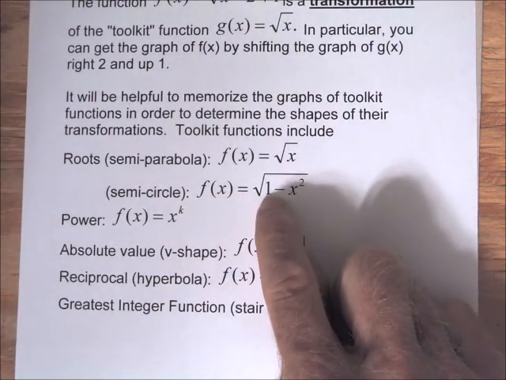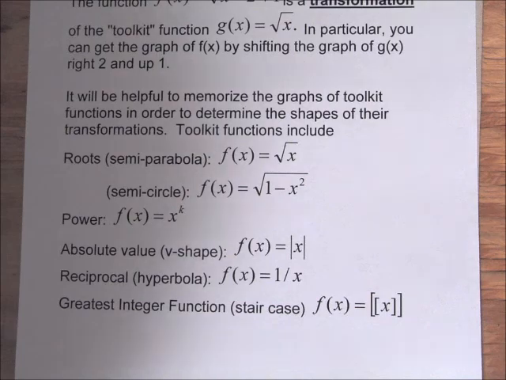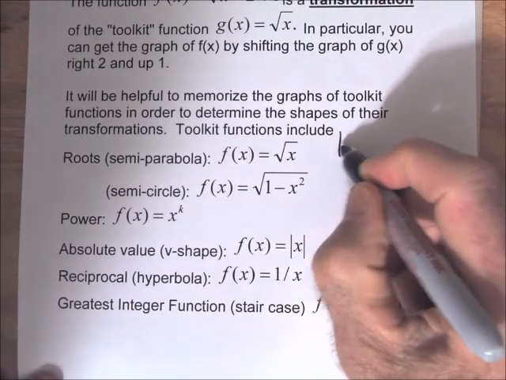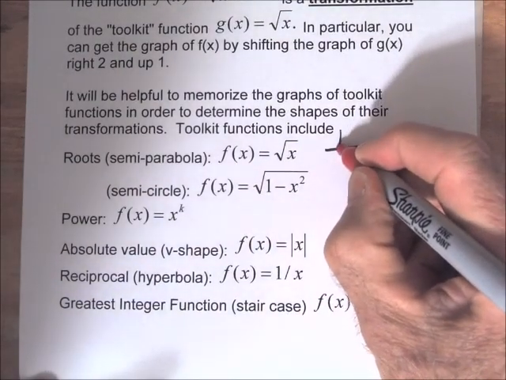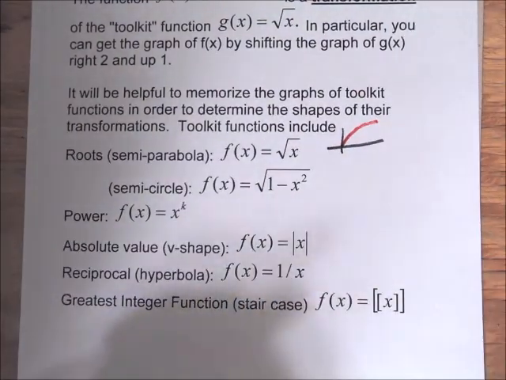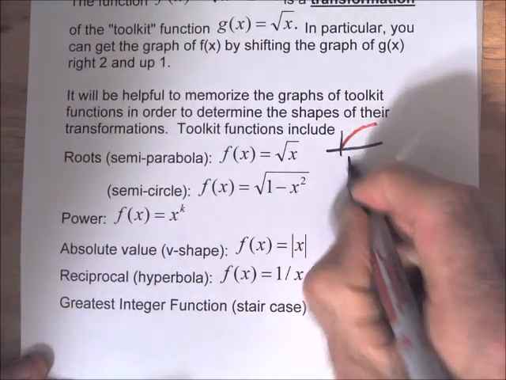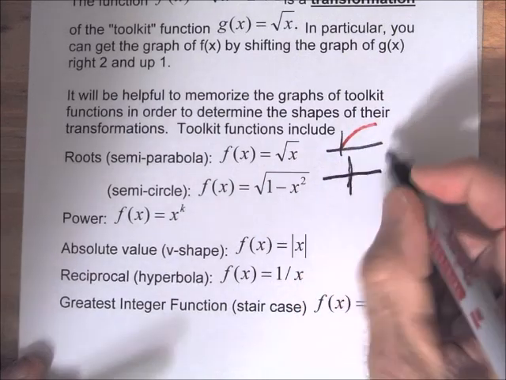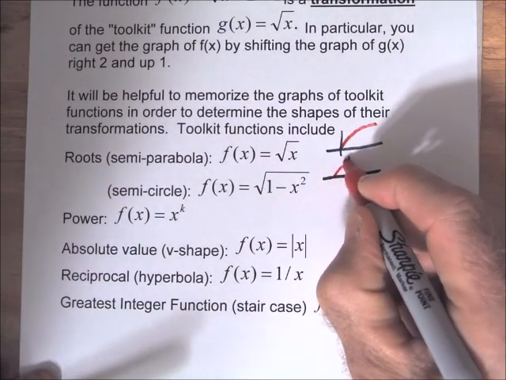The square root of 1 minus x squared is a semicircle. So this one is our semi-parabola, with the vertex at 0, 0. This one here is a semicircle, centered at 0, 0, radius 1.